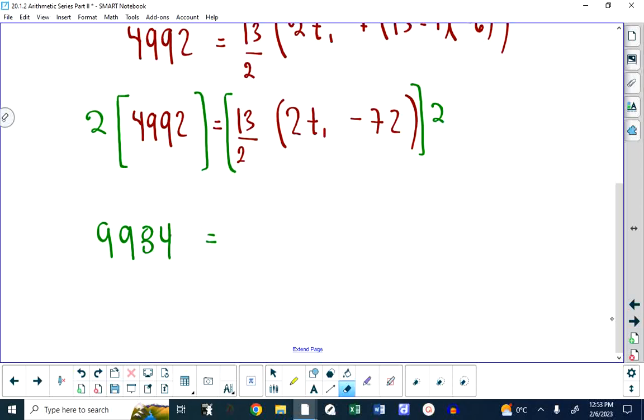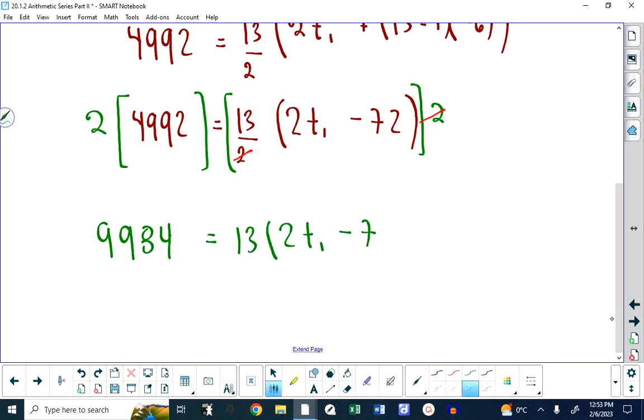When I multiply the right-hand side by 2, what happens is that the 2's cancel, okay? And I'm left with 13 times 2t1 minus 72.